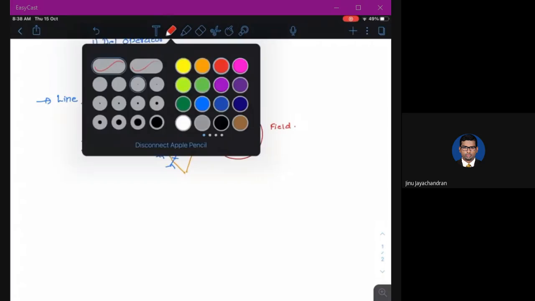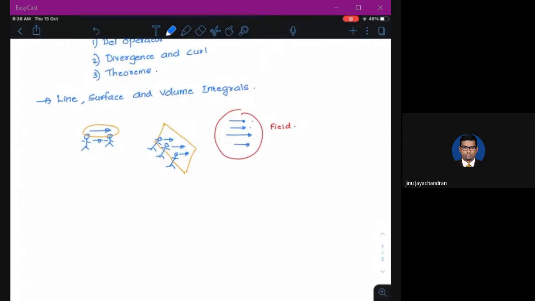Now remember, the field need not be in a linear direction. For example, it can be like this. One person might be slanting, and he might be applying the force, pushing for some time, and then relaxing and pushing for some time.